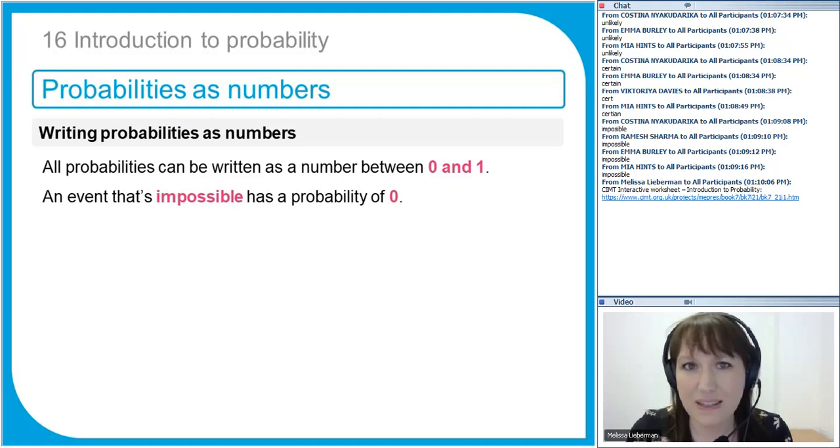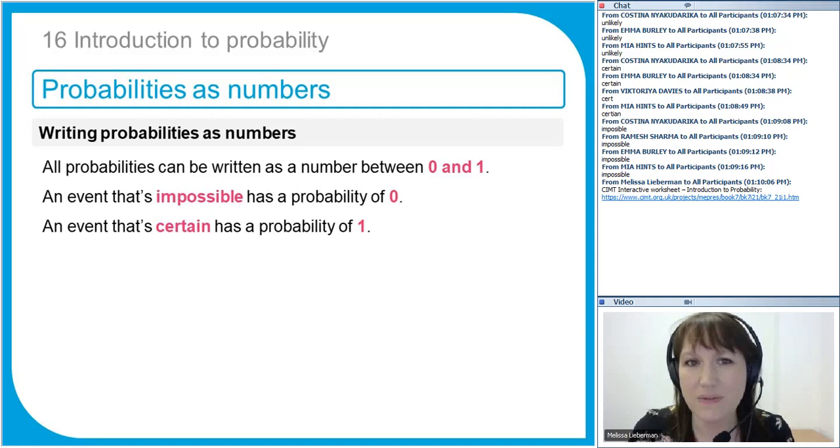Now the probability that something is impossible is 0. So if something is impossible, we give that probability of 0. And the probability of an event that's certain is 1. So that means that all probabilities will be between 0 and 1, including 0 and 1. It can't be bigger, so you can't have a number bigger than 1.